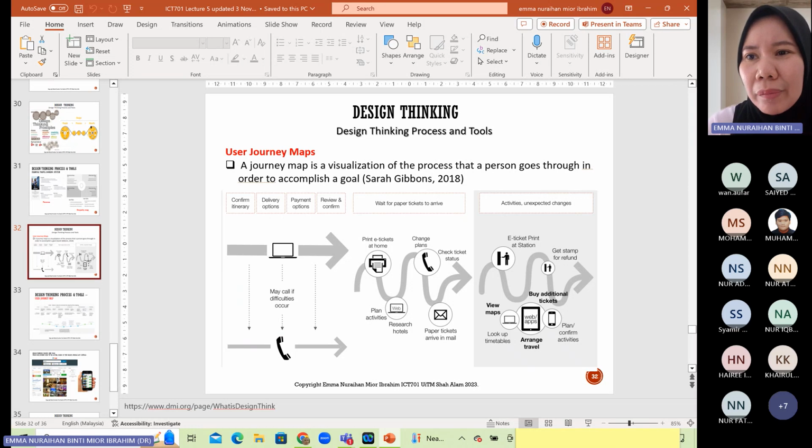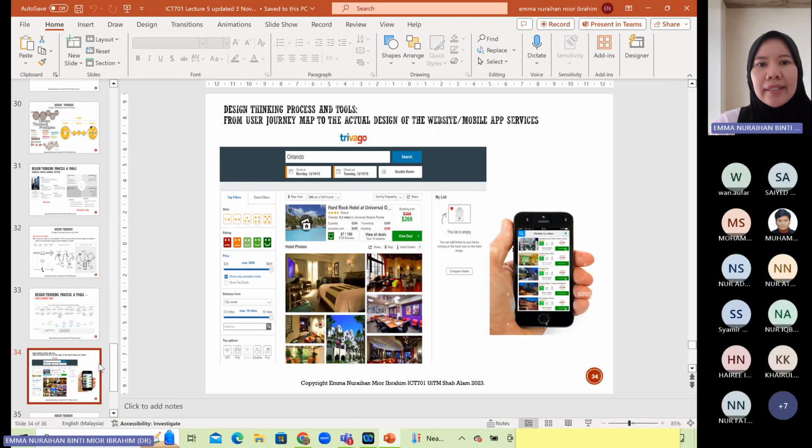Why is this important? Because all the activities that the user undertakes at every step will give you an idea on how to improve it, and whether that particular activity can be computerized, digitized, or simplified. So the user journey map is very important in design thinking. At the end of the day, from the user journey map, the persona and everything, you come up with the design.